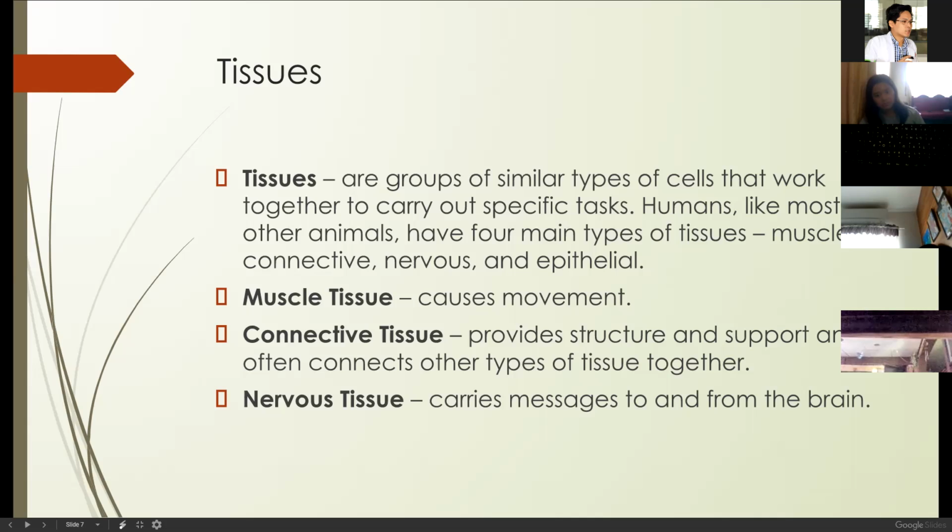You can find them in your nervous system, your spine. You can see a lot of nervous tissues there. Medulla oblongata, part of the brain, the lower brain stem. There are a lot of nervous tissues there.